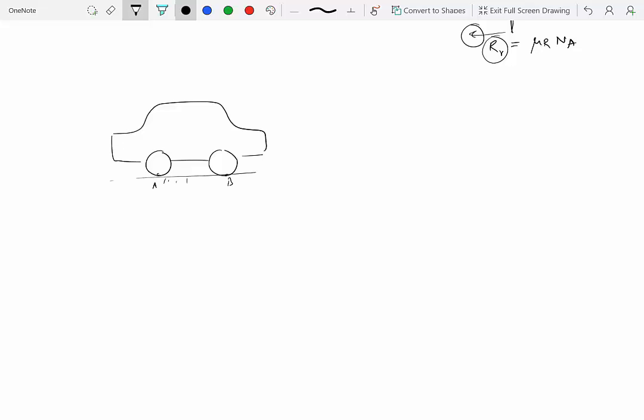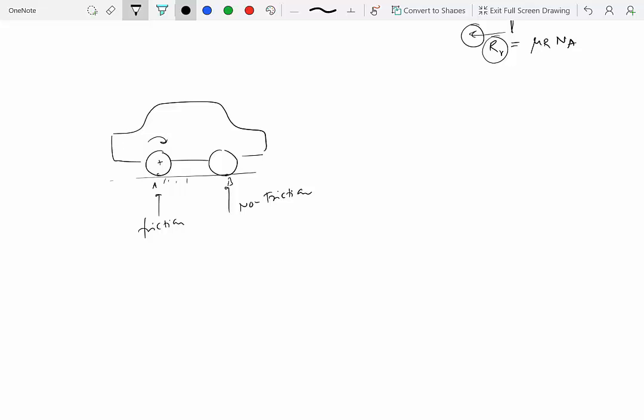And let's say there is friction between the rear wheel and the ground, and there's no friction between the front wheels and the ground. Maybe you're driving this car and you get stuck in mud, your front wheels are in the mud, and there's not that much friction available to you, but your rear wheels still have the friction. So now, if you power the car, if you apply the torque on the rear wheels, how would the car move? Is it going to move, first of all?